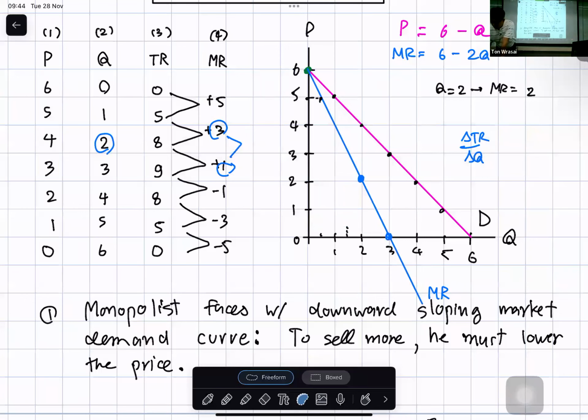First, you charge 5, you sell only one piece. Let's call it spot A. When you charge less than 5, let's say 4, you change the price to 4. Yes, successfully, we sell one more piece. Now total sales become 2 pieces. Point B.